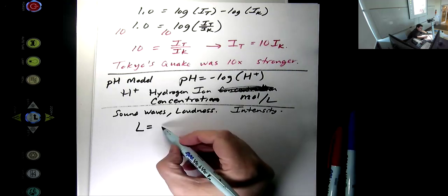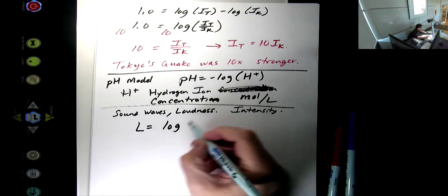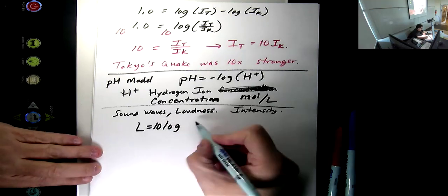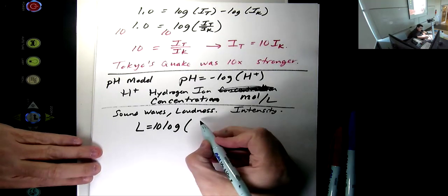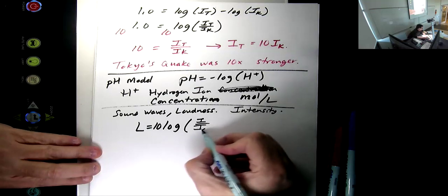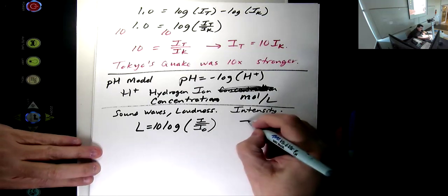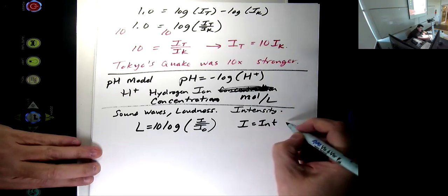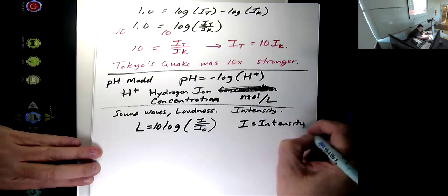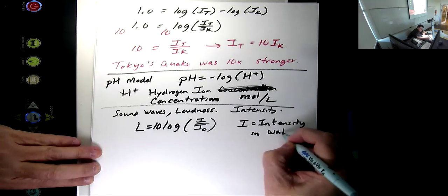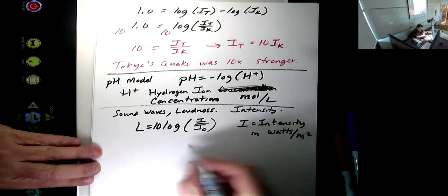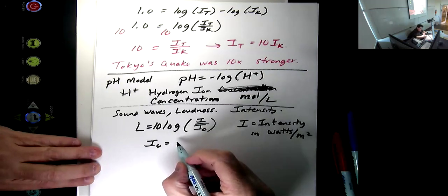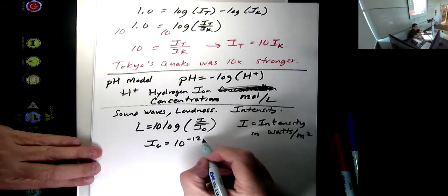L, which is loudness, is the log. Nope, it's 10 times the log of I over IO, where I is the intensity in watts per meter squared, and IO is 10 to the negative 12. A small number.